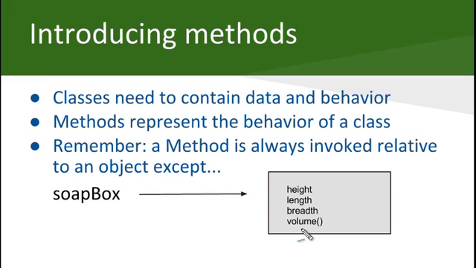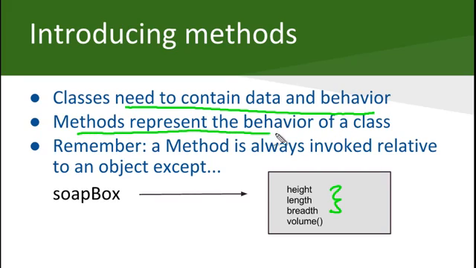Now the important thing to note is that classes need to have both data and behavior. These are the instance variables, and that's the data. But the objects of classes also perform behavior, they interact with the outside world.